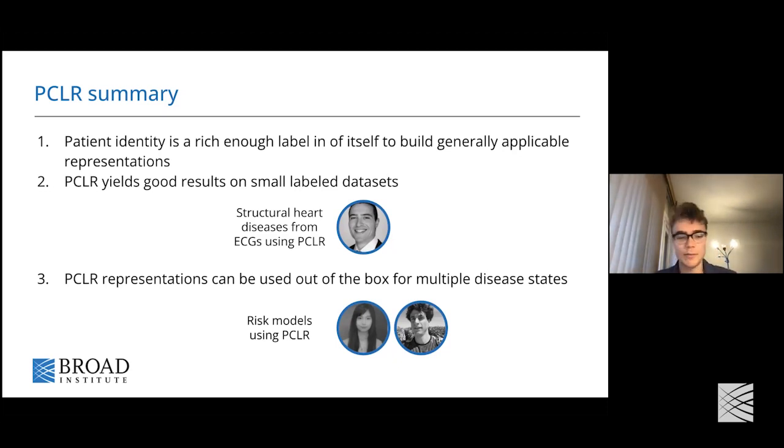So maybe again, I'll pause real quick there if there are any questions on the Pickler setup, because we're about to jump into more of the theory of contrastive learning. Okay. Feel free to stop me anytime.